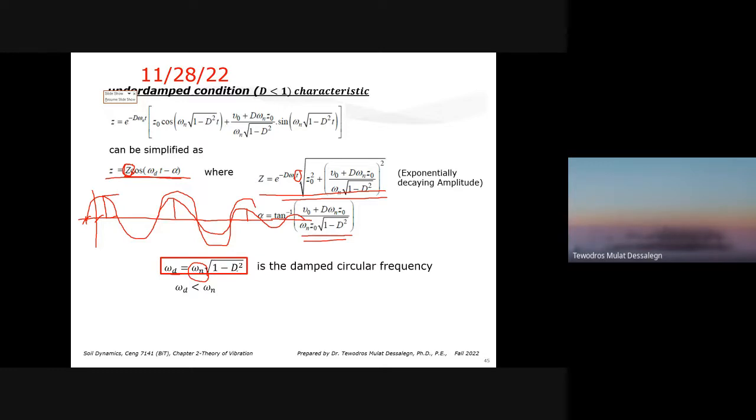If there is no damping, D will be 0, so Wd equals Wn. But if you have damping, this reduces it a little bit, so Wd is a little bit less than Wn. So when you have a damped case, even the natural frequency is affected a little bit. Make sure to memorize these simple equations and what they mean.